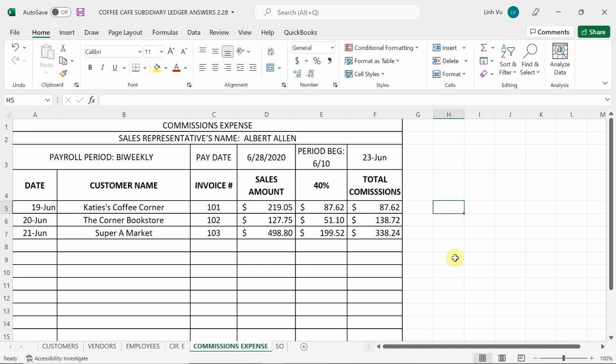In our policy, he's going to earn every single penny, even if a customer returns products and we have to refund the money. So we're going to let Albert keep that $4 extra.